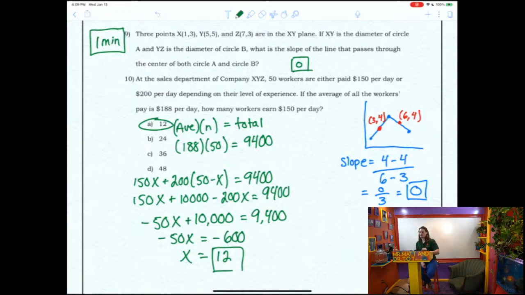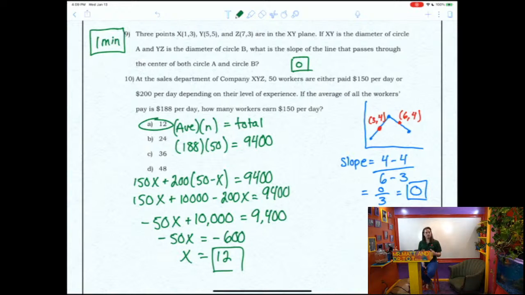Okay, so for number 9, if we roughly plot out or draw a diagram there, you can see how the first diameter and second diameter lie in an xy grid. And then you're going to take the average of the endpoints. So to find the center of these circles, for X and Y, I'm taking 1 and 5.